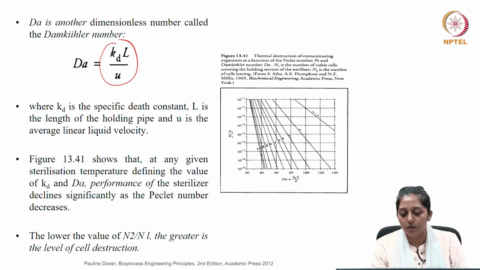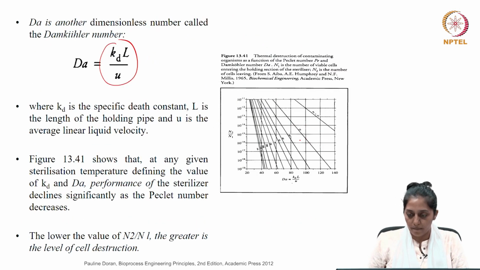So this figure shows that at any given sterilization temperature, which would then define the Damköhler number, the performance of the sterilizer declines significantly as the Peclet number decreases.